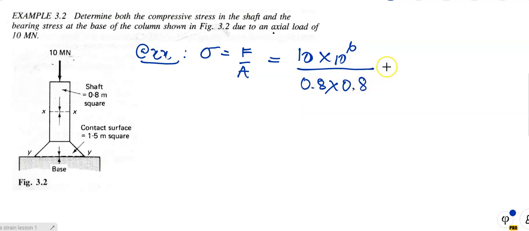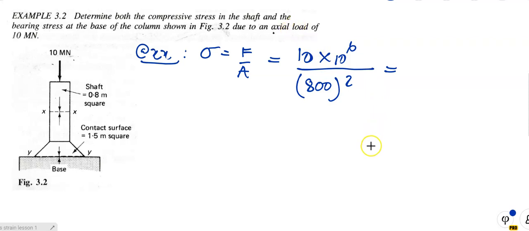Let me rather make it millimeters. So that's 800 millimeters by 800 millimeters, because it's a square. So it's 10 million newtons divided by the 800 millimeter square shaft.